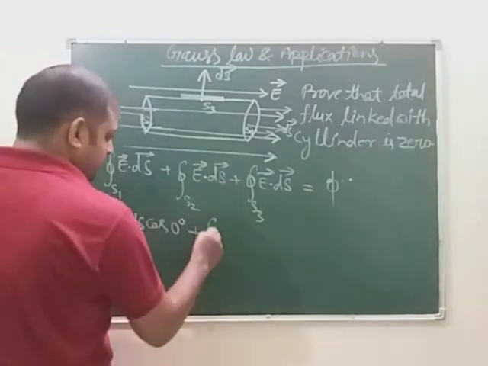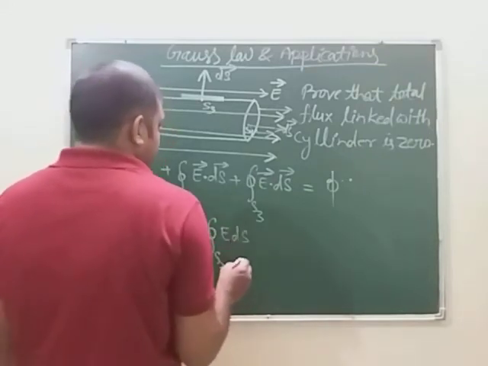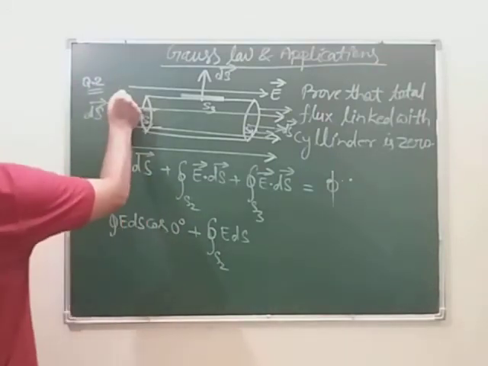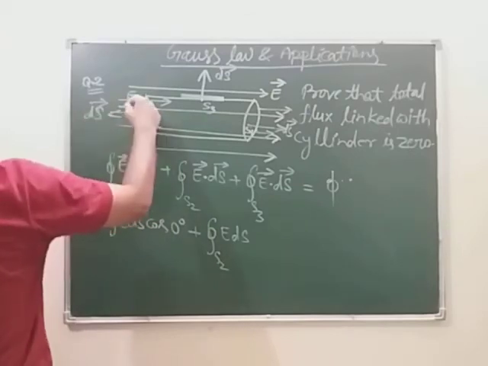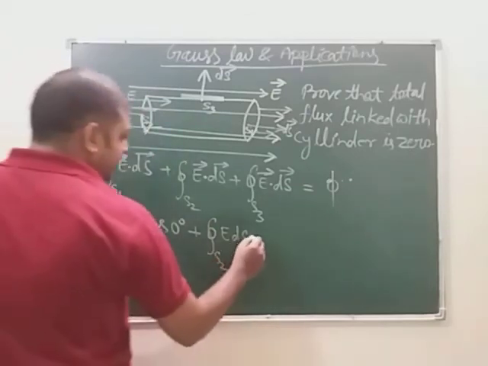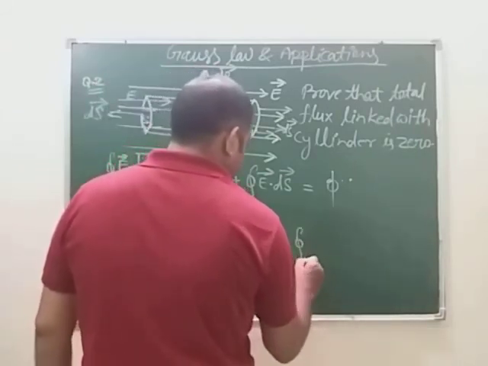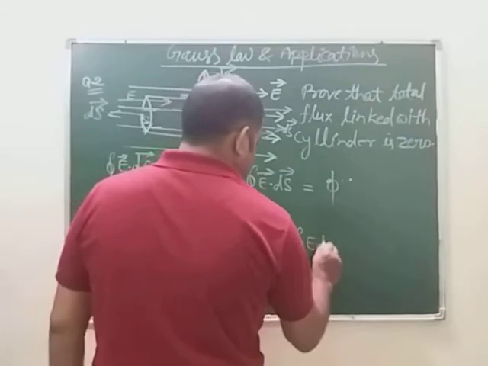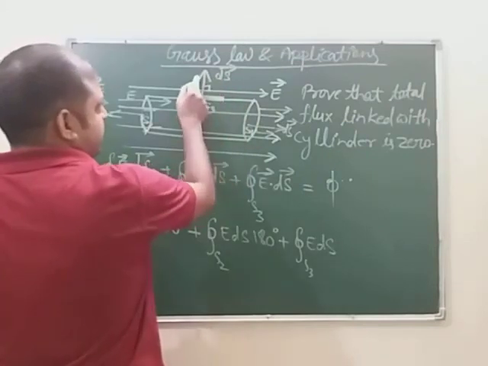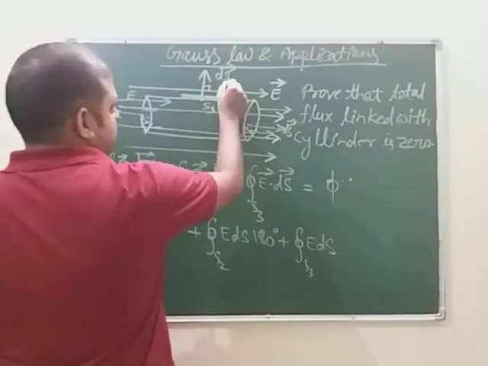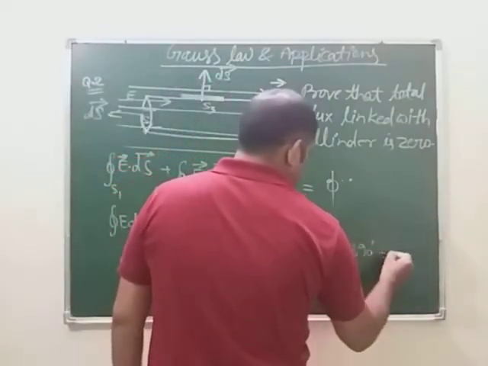Plus S2, E dS cos theta. The electric field is going in this direction, but the area vector is opposite, and the angle between two opposite lines is 180 degrees. And the third one is S3, E dS. Now the electric field is going in this way and the area vector is perpendicular to this, so theta will be 90 degrees. So cos 90 degrees is equal to 0.